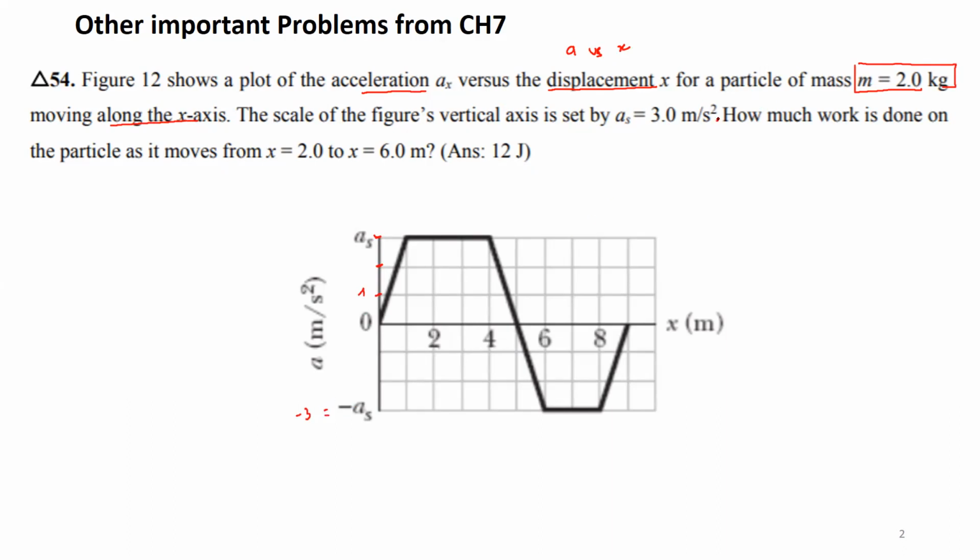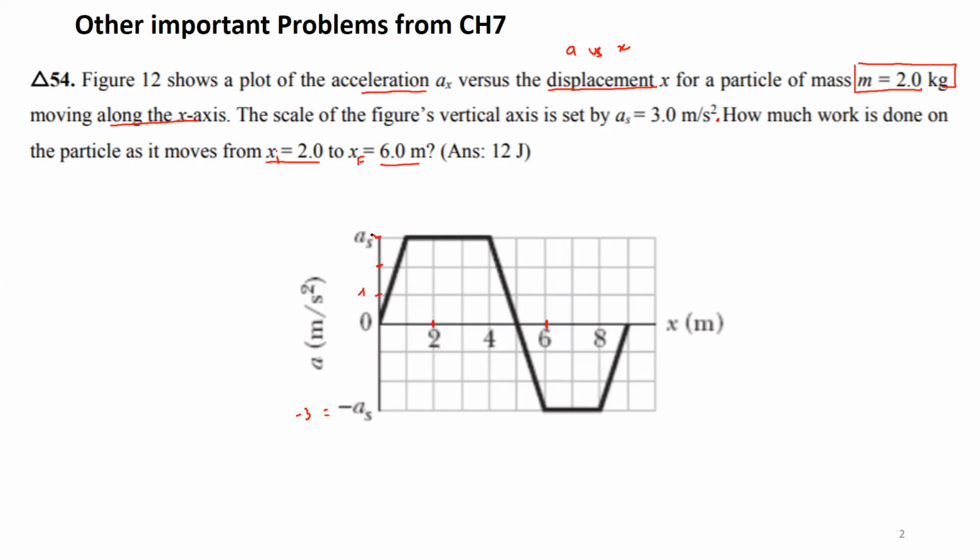The question is, how much work is done on the particle as it moves from x initial to x final, 6 meters. So x initial is here 2, and x final is here equal to 6. Okay? So I want work.